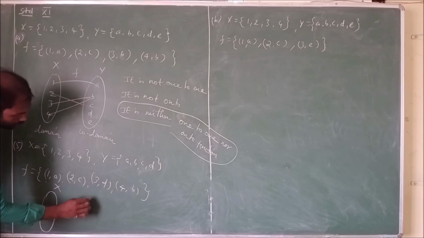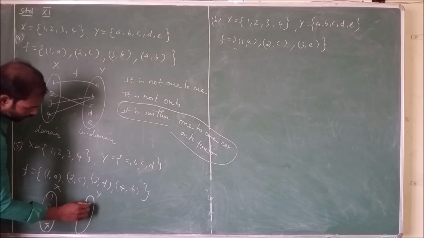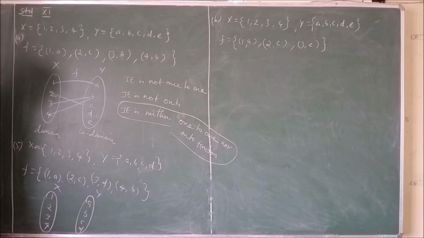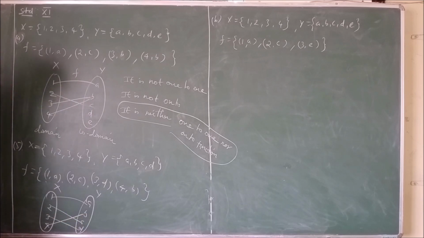Again, the fifth one we have to check. Domain X, codomain Y. X has elements 1, 2, 3, 4. Y has elements A, B, C, D. The function maps 1 to A, 2 to C, 3 to D, 4 to B. First we check whether it is a function or not.